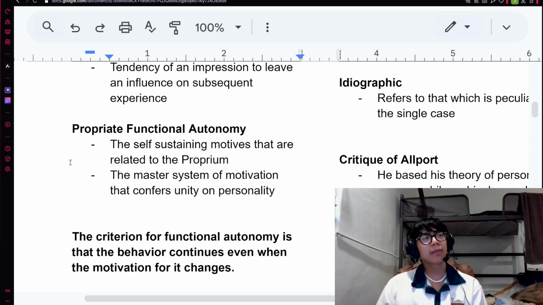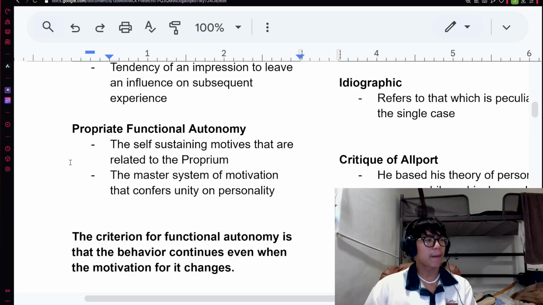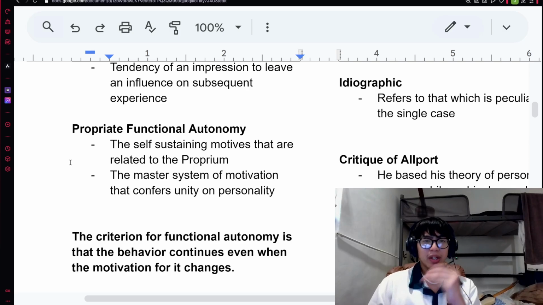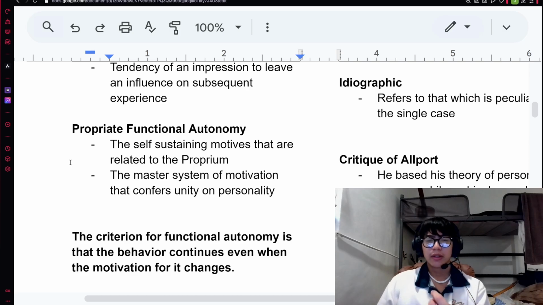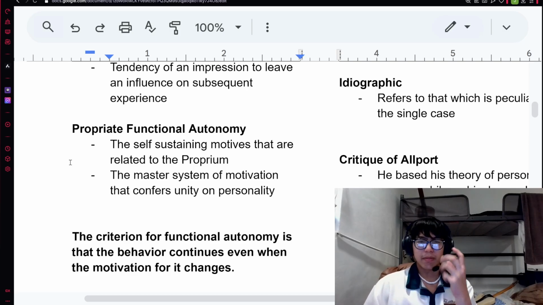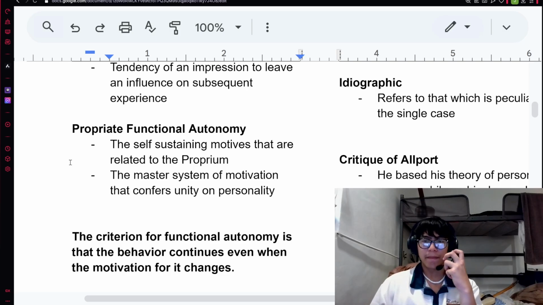So an example of this is, let's say a person is poor when they grow up, and so they have developed this habit where they're very kuripot with their money. They're misers, they're hoarders. They don't really let go of things, because when the person was poor, they didn't have much. So they would hold on to a lot of things, right?